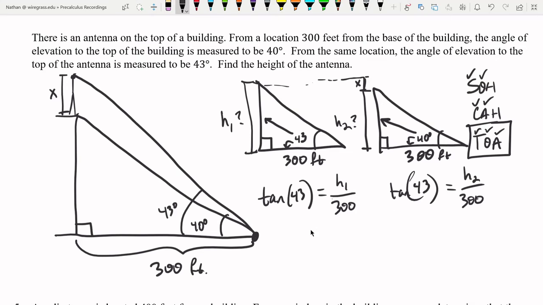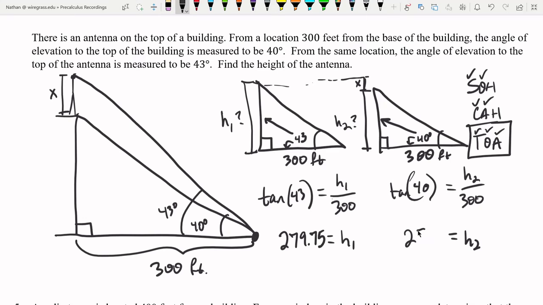And now I can find H1 and H2. I'm just going to multiply 300 over. So I get 300 times tangent of 43 degrees. It's going to be 279.75 approximately. And H2, I'll multiply 300 over and get 300 times, sorry, this one's supposed to be 40 degrees, not 43. Tangent of 40 degrees.